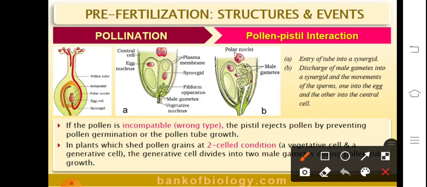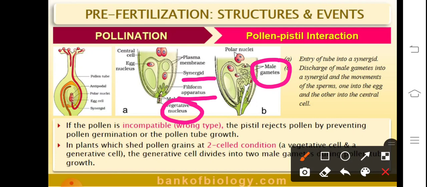In the diagrammatic representation, we can see that each pollen grain contains two male gametes. Now the filiform apparatus will secrete chemicals and, along with the synergid, will give directionality to the pollen tube. This is the vegetative nucleus of the pollen grain which provides nourishment.